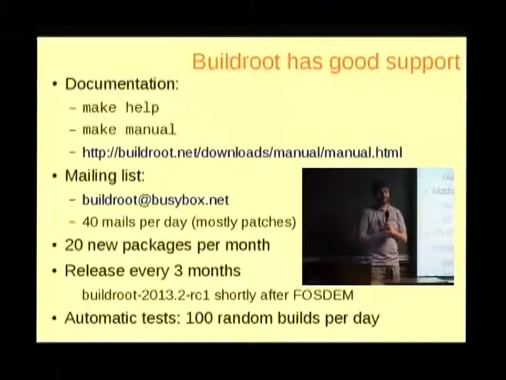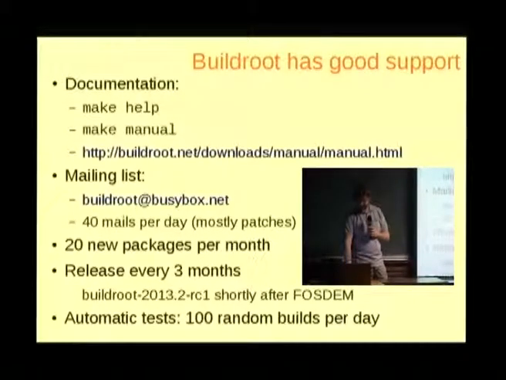Sometimes the package just doesn't work on some architectures. For instance, there are many packages that require an MMU because they use fork instead of vfork, and fork is only supported if you have an MMU, and then the build will fail. So these automatic tests help us to discover that, and hopefully with some time we can reduce this number of failed builds to 0.